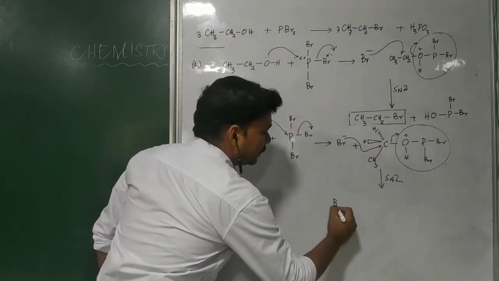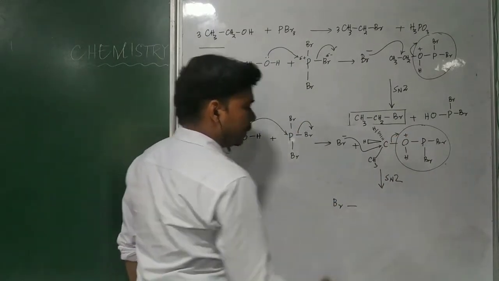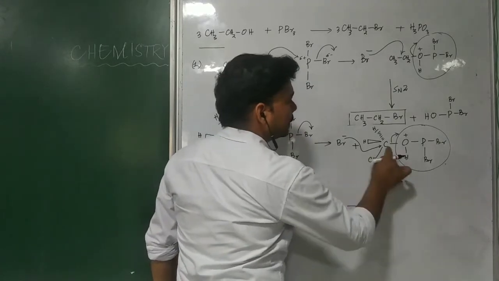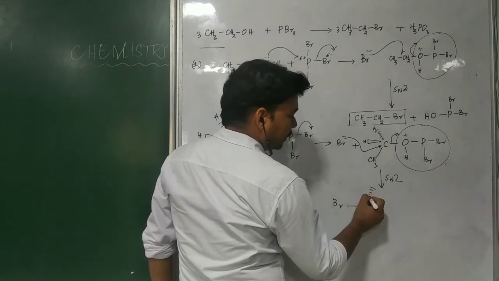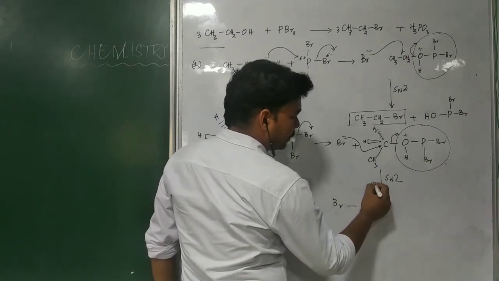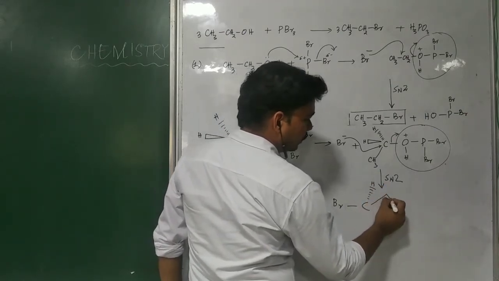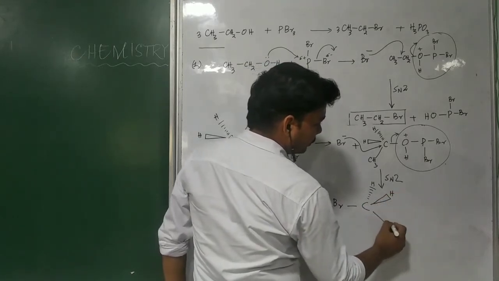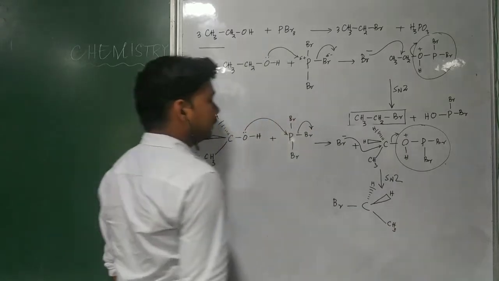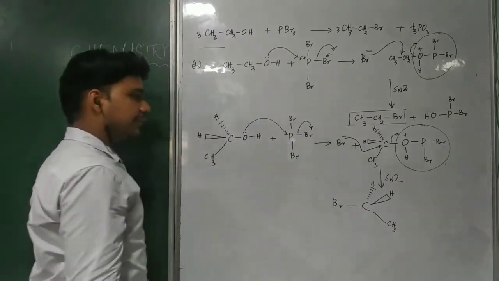As a result, you will get your product, with bromine now attached to the carbon. The orientation of the atoms or groups present around this carbon will be inverted. This is called inversion in configuration.